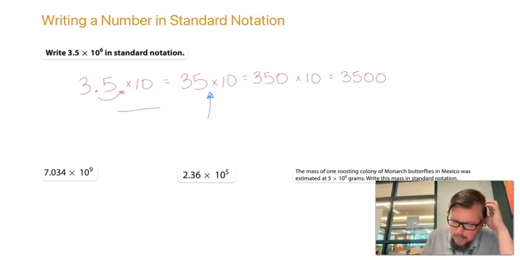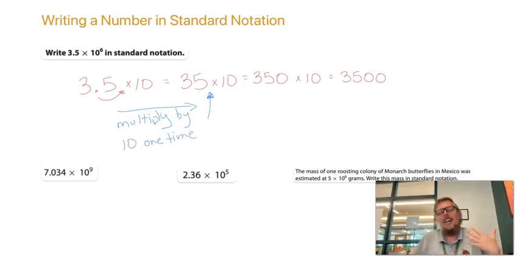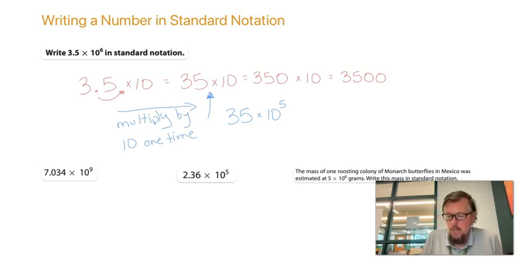So to get from here to here, we multiplied by 10 once. This is multiply by 10 one time to get to 35. I now need to take 35 and multiply by 10 5 more times, which means I'm going to take 35 and just add 5 zeros onto the end of it.